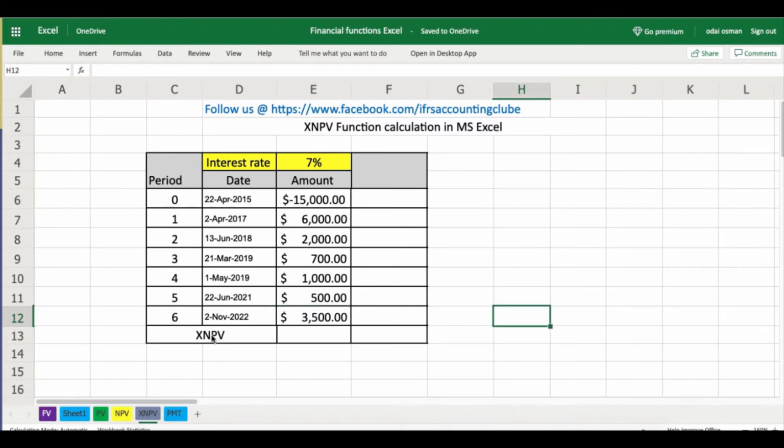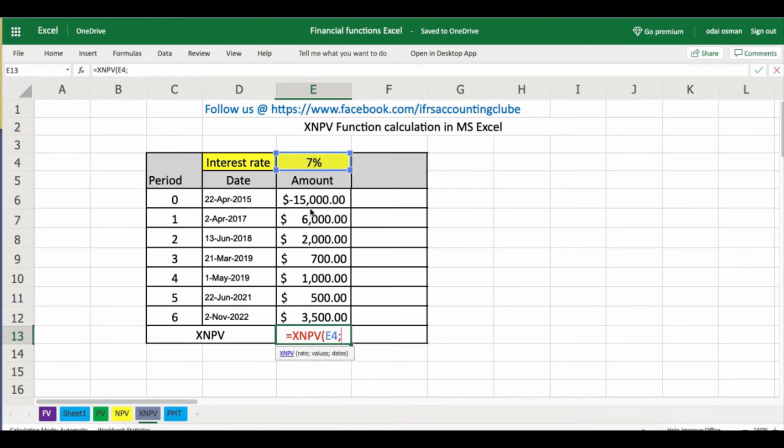So the XNPV function is calculated as equals, then search for the XNPV function. The rate is the interest rate, and then comma, the values.